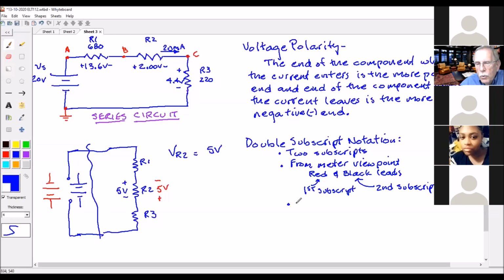From a circuit viewpoint, the polarity shown, or the polarity given, is the polarity of the first subscript.